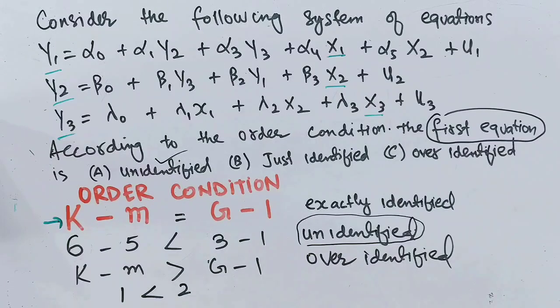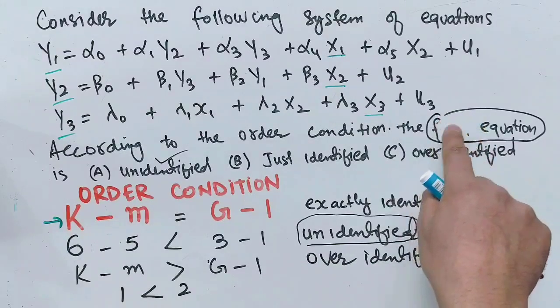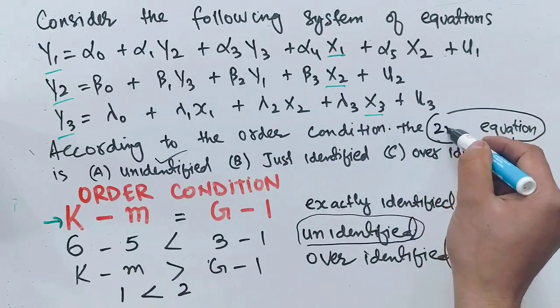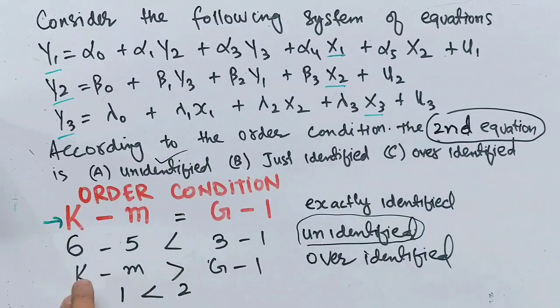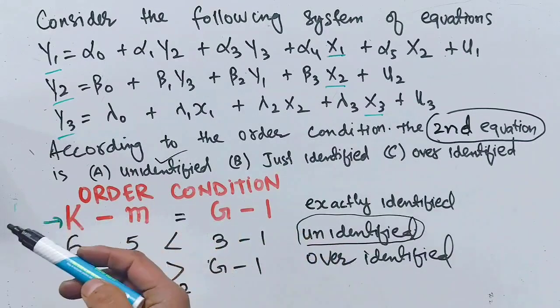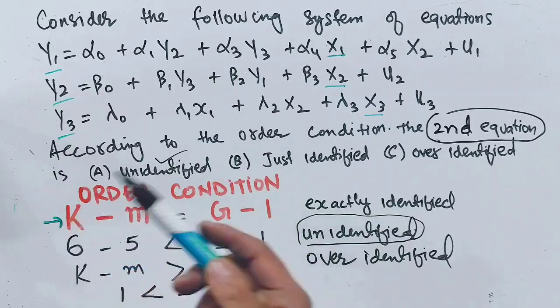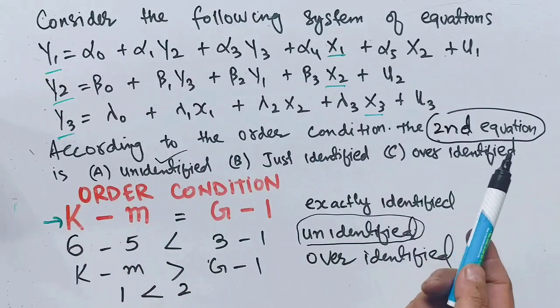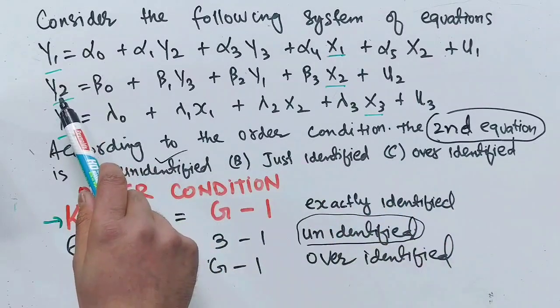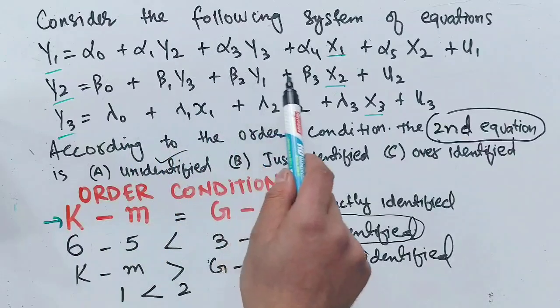The question was only about the first equation, but let us say we are being told about the second equation. What will happen in the second equation? The total number of variables in our model is 6, and the total number of variables in the second equation is 1, 2, 3, 4.